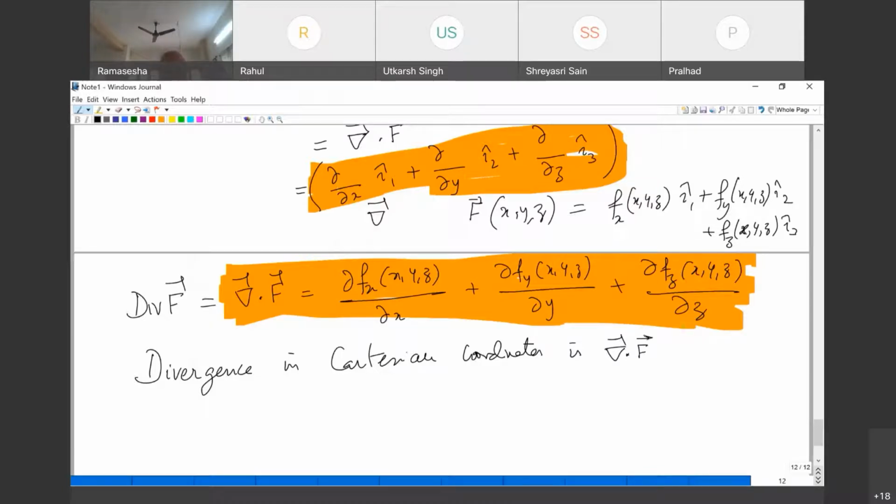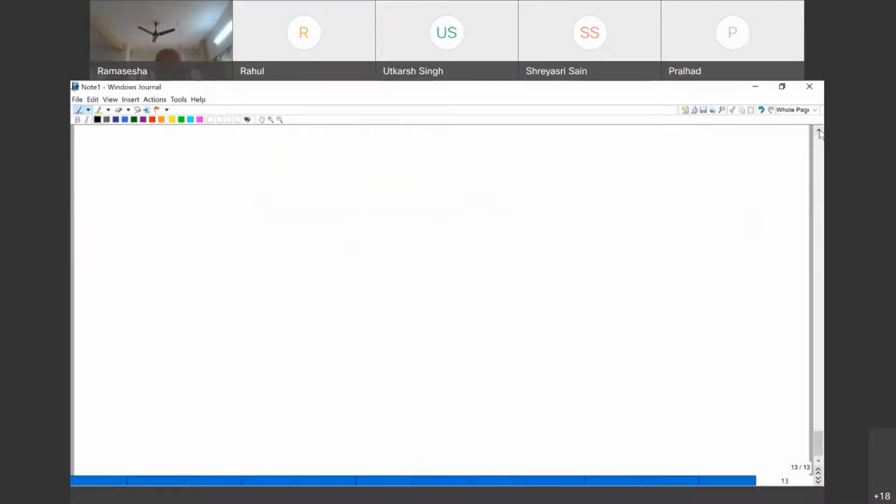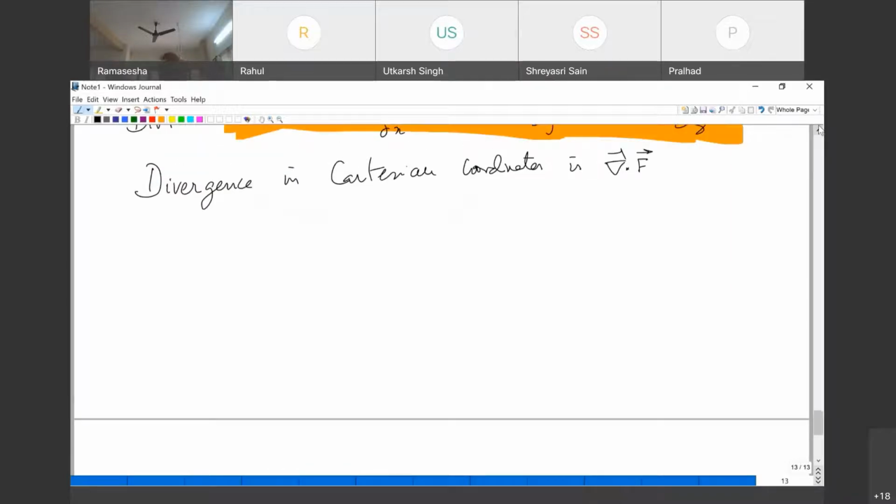Okay, so if you have a vector field, then just take del dot F, that gives you the divergence of the vector field. Okay. No questions? No, sir. Okay, so I got the divergence.